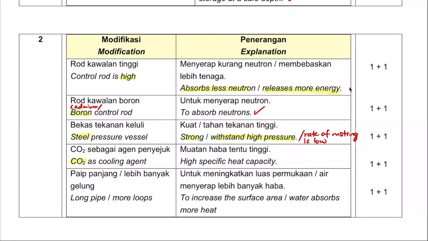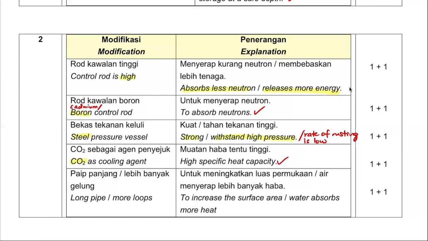Okay. For the cooling agent, gas as a cooling agent, you should use carbon dioxide. Carbon dioxide as a cooling agent, okay, because it wants you to suggest in the form of gas and not liquid. Previously, we would mention water as a cooling agent, but since it asked you about gas, so you should write carbon dioxide as the cooling agent. This is because it has high specific heat capacity.